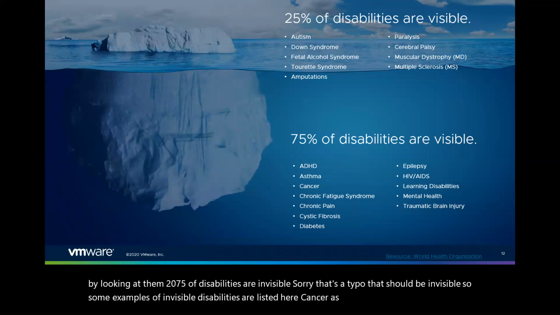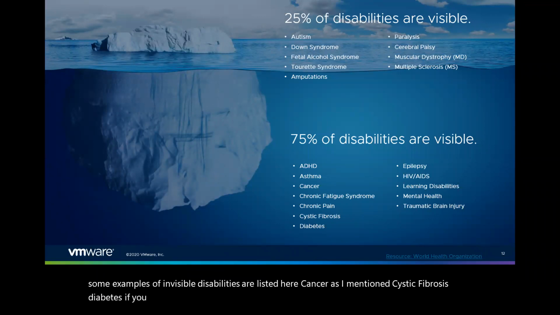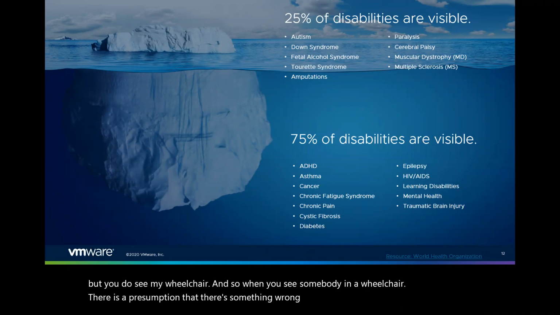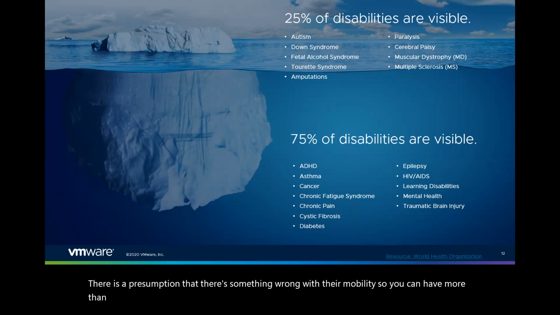If you don't see my insulin pump, you can't tell that I'm a type 1 diabetic. But you do see my wheelchair, and when you see somebody in a wheelchair, there's a presumption that there's something wrong with their mobility. You can have more than one disability, and you can have more than one visible disability and more than one hidden disability in any combination.